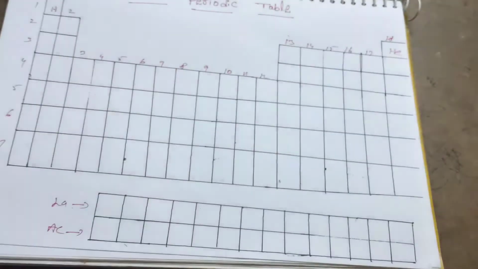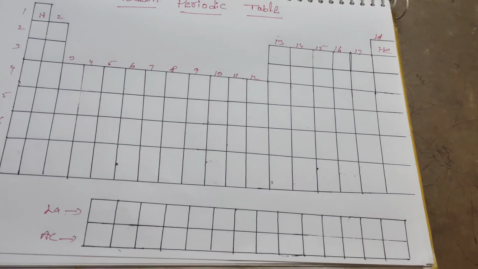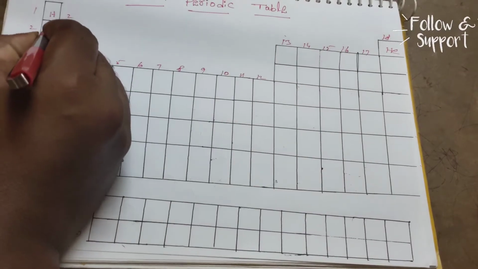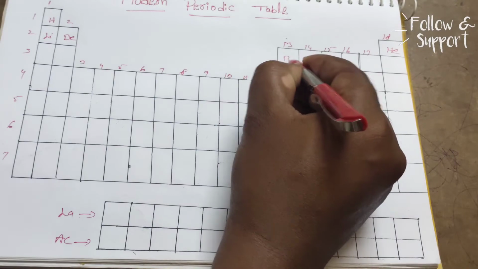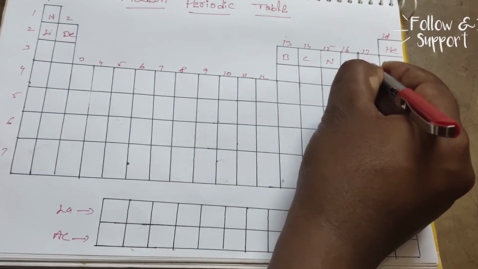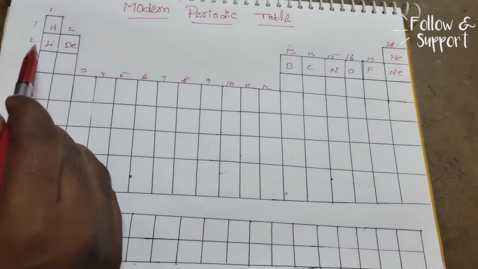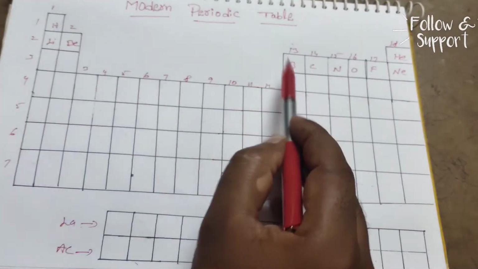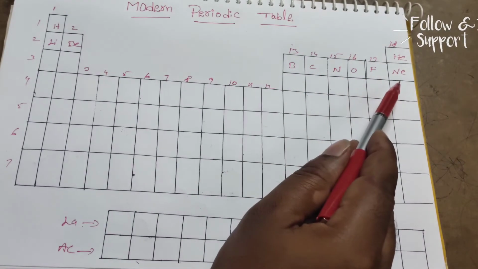The second period contains 8 elements: lithium, beryllium, boron, carbon, nitrogen, oxygen, fluorine and neon.